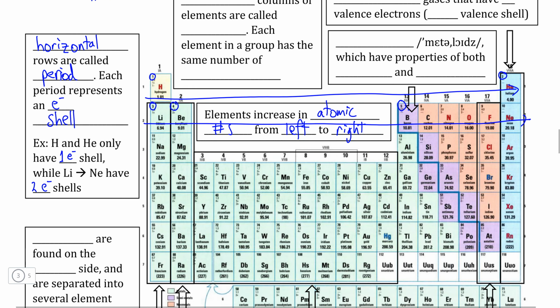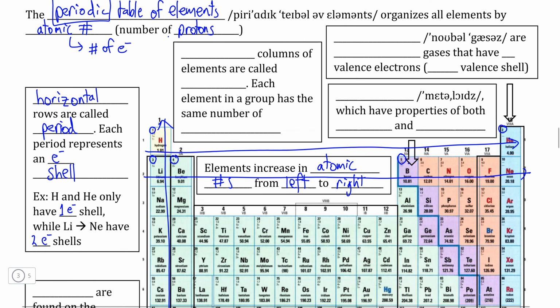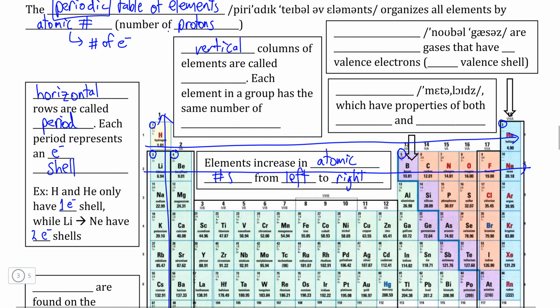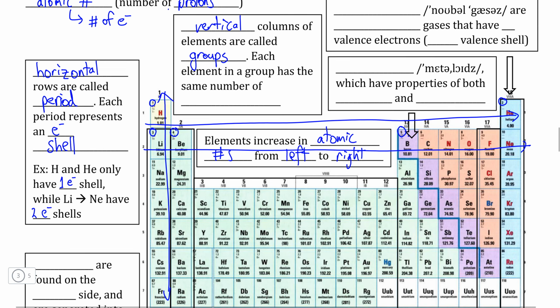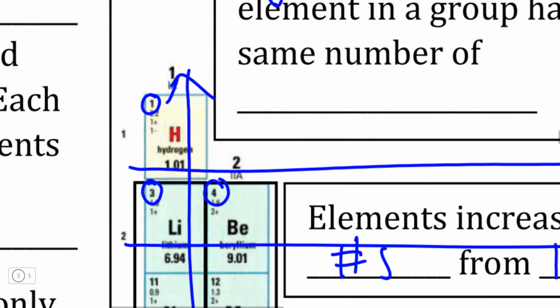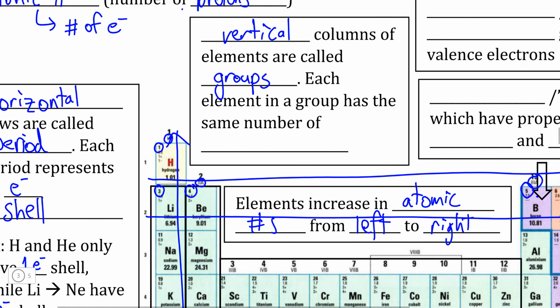Now, we can also read the periodic table from top to bottom like this. So if we were to read the periodic table vertically instead, each of these categories of elements are what we call groups, and we can identify the groups by looking at the Roman numerals that we see at the top of each of the groups here.